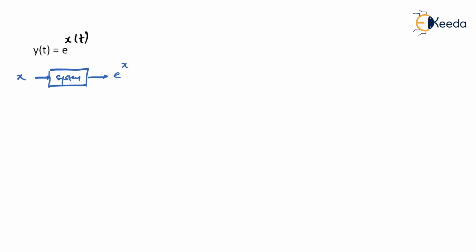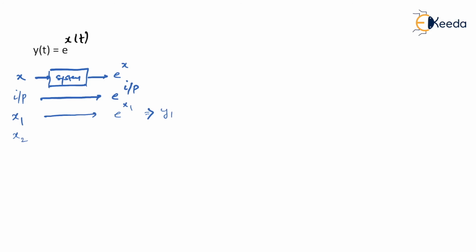So the input is x and output is e to the power input. What this system does is it takes a particular input and puts it in the power of e. So if you apply input as x1, then it must give you output as e to the power x1. Let us say output y1.